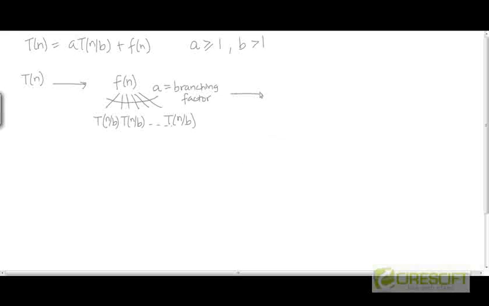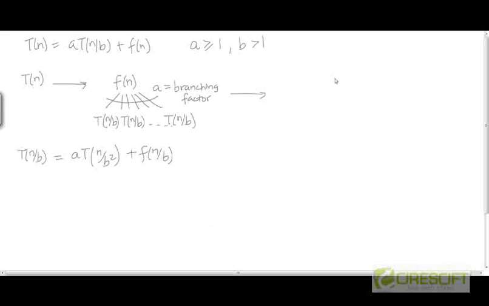Okay, so then in the next round, when we open up these nodes in turn, we will need to use the recurrence T of n by b equals, if we just substitute n by b throughout this recurrence, a times T of n by b square plus f of n by b.